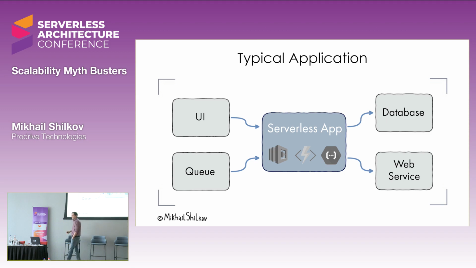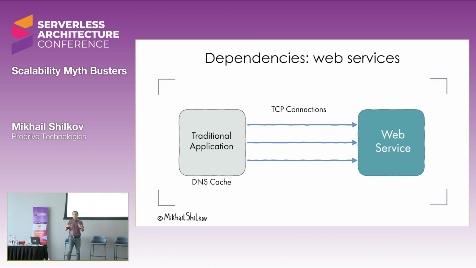So let's spend some time looking at the right part of the equation. So downstream dependencies of your applications. In a more traditional setup, let's say you had a couple virtual machines where your JVM application web service would run and then would call third-party services and databases.